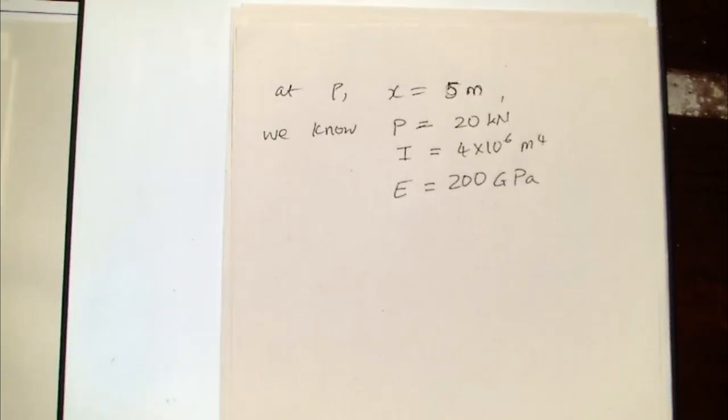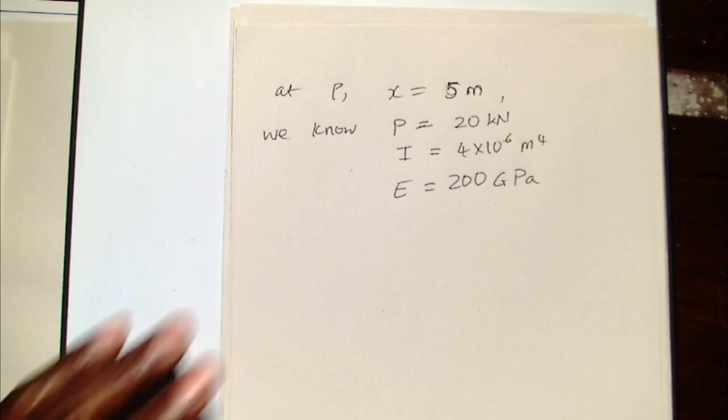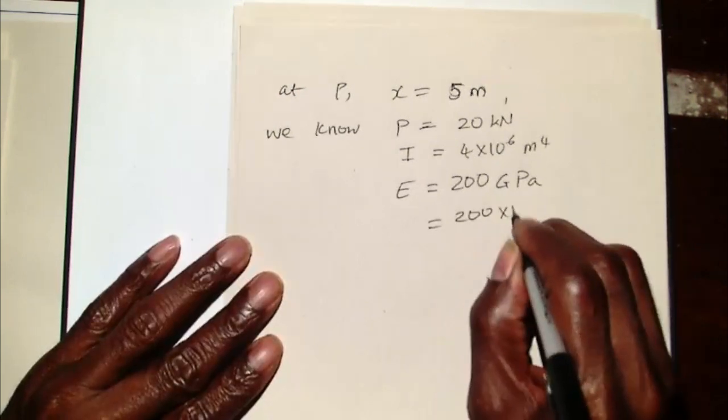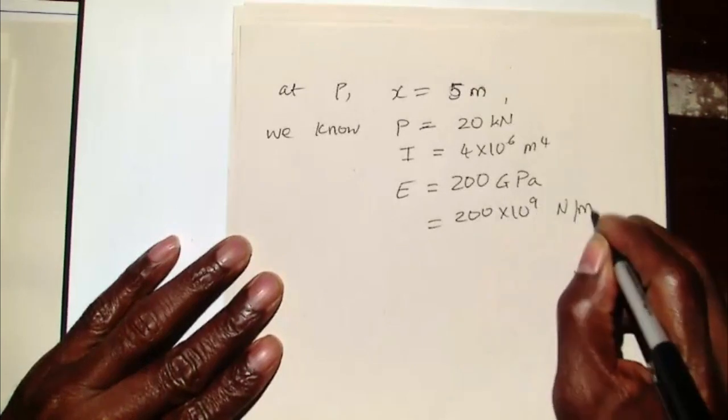So what will my modulus be if I want to write it as kilonewton per meter squared? Maybe I should first ask, what is gigapascal? 10 to the power 9, okay. So we say this is 200 times 10 to the power 9 Newton per meter squared.